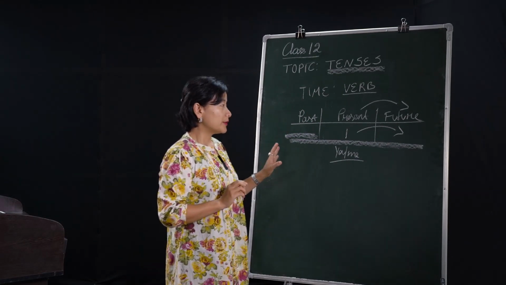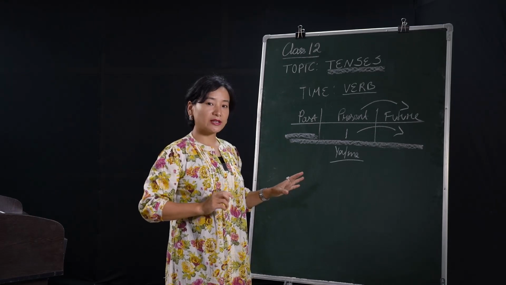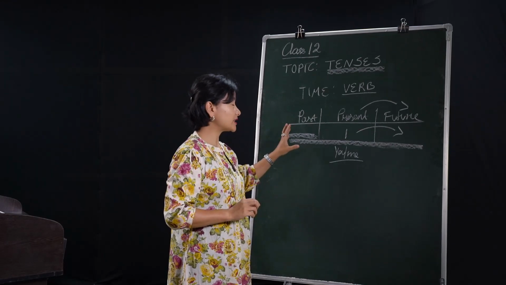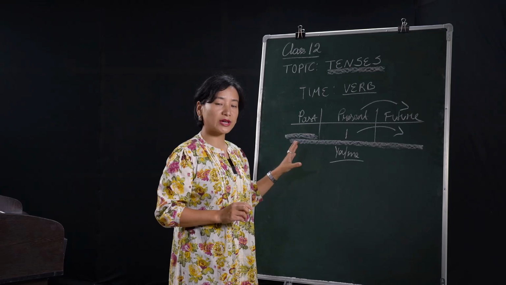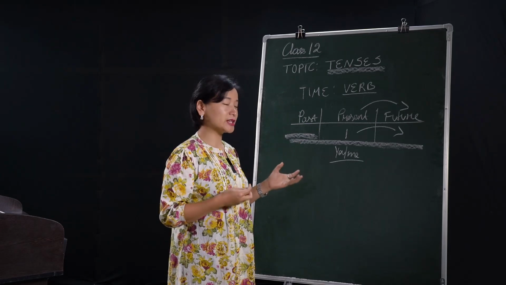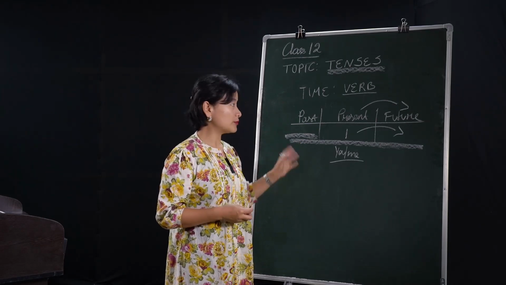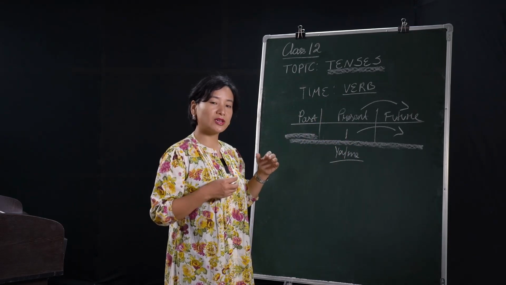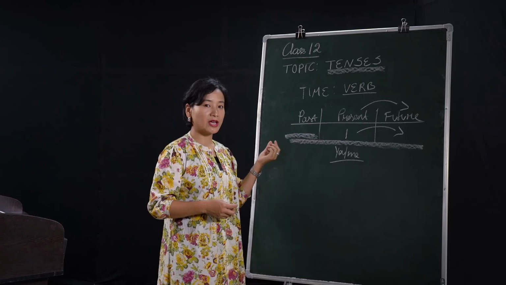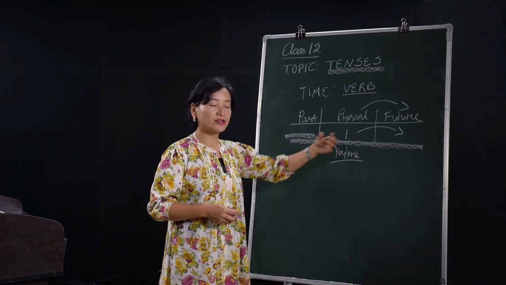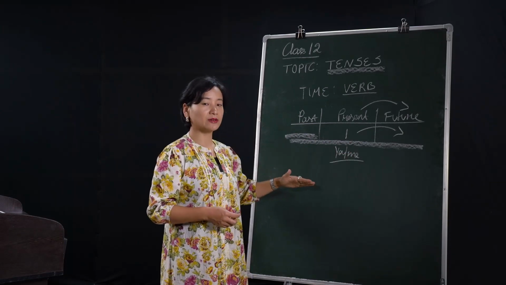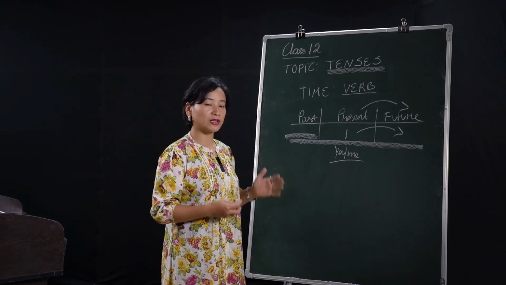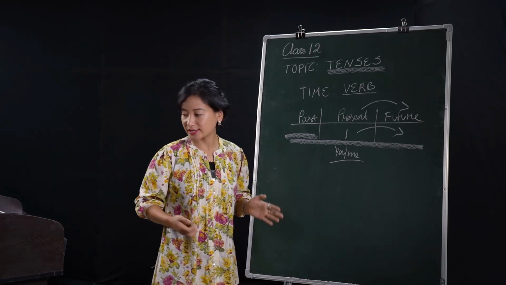Now, we are going to take a look at the different parts of tenses here, and I need you to write down the form, because that way we will be able to cover most of our topic. When I say form, I will be giving you the structure of past tense or present tense or future tense. When you note that down, remember to use it to guide you in your exercises.